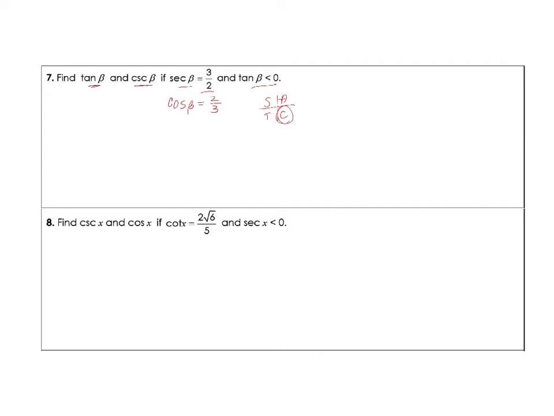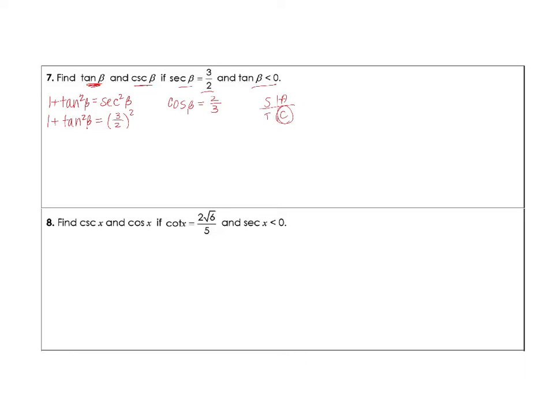And so if we want to know tangent, we know that 1 plus tangent squared beta is equal to secant squared beta. And so we can plug in, we have 1 plus tangent squared beta is 3 over 2 all squared.